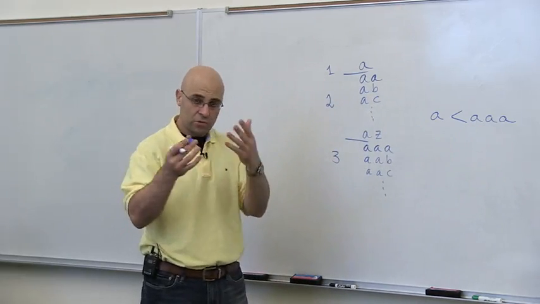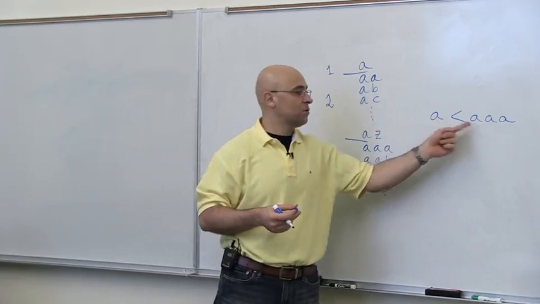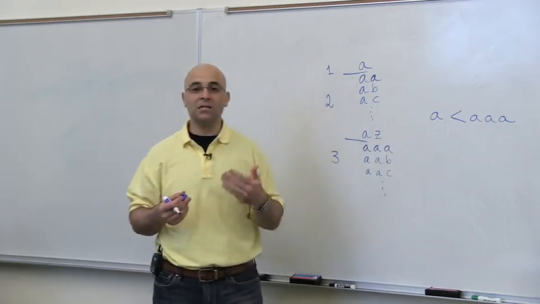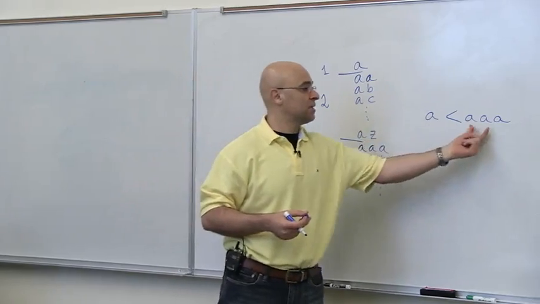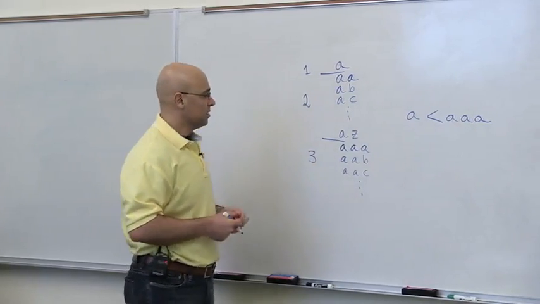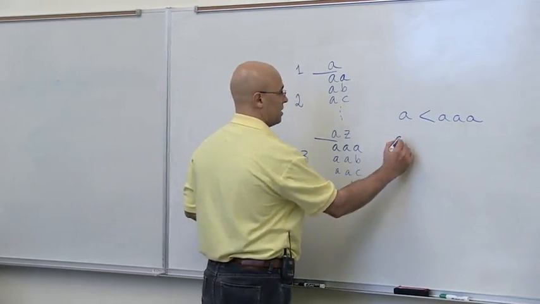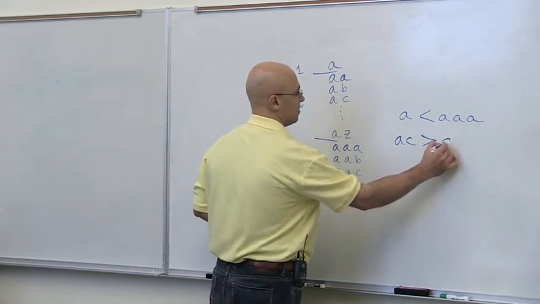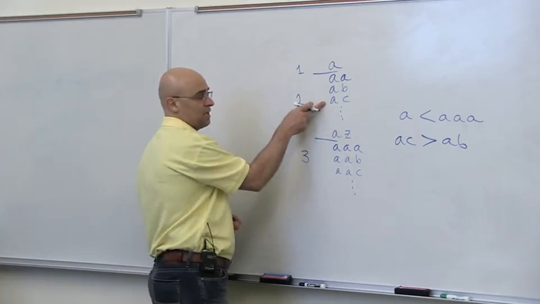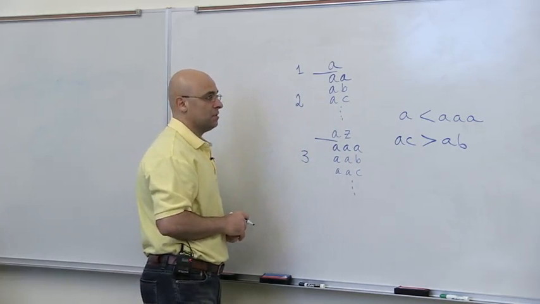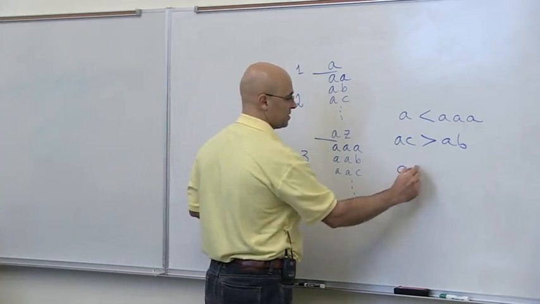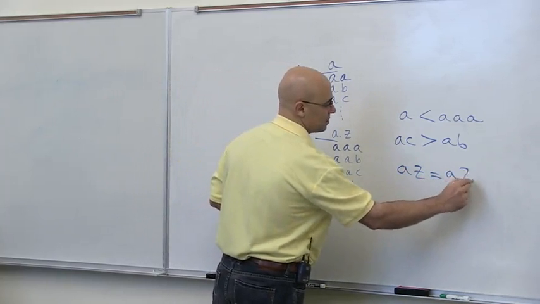Of course, you are not used to saying this is smaller than this. But think about it, it precedes it. This precedes this in that order, right? Or I can say that AC is greater than AB because AC falls after AB, right? Of course, AZ equals AZ, right?